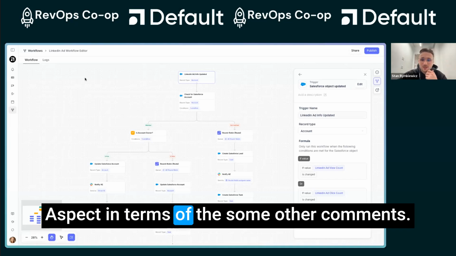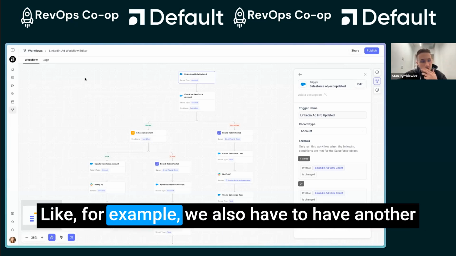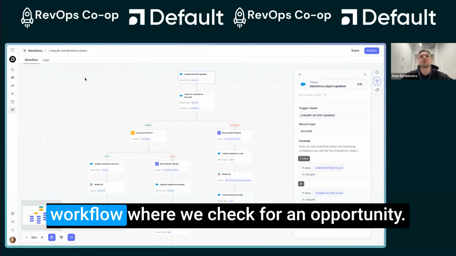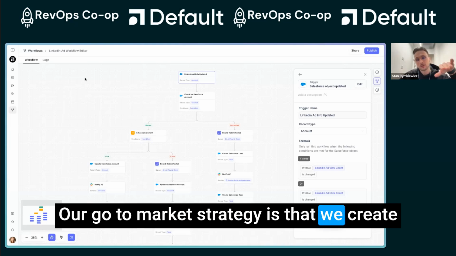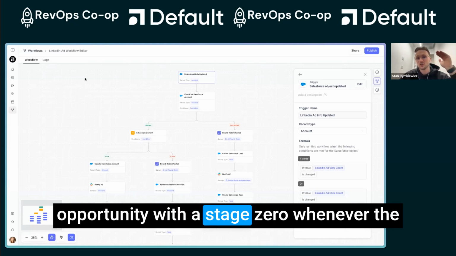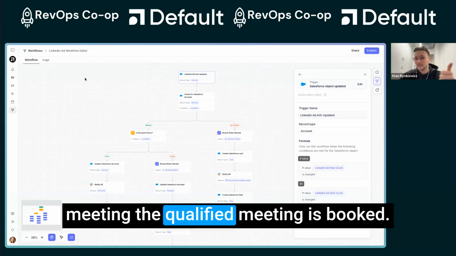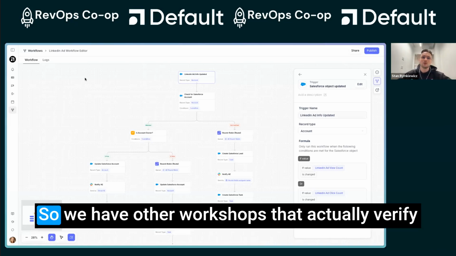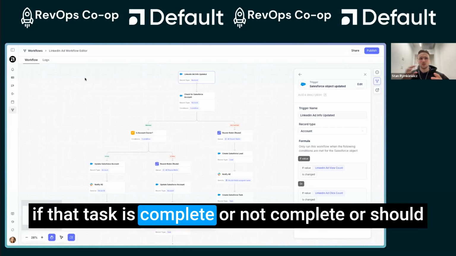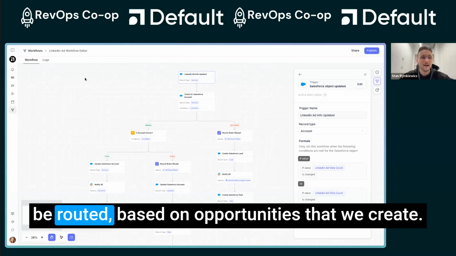aspect. In terms of some other comments, for example, we also have another workflow where we check for an opportunity. Our go-to-market strategy is that we create an opportunity at stage 0 whenever the qualified meeting is booked. So we have other workflows that verify if that task is complete or not complete or should be routed based on the opportunities that we create.